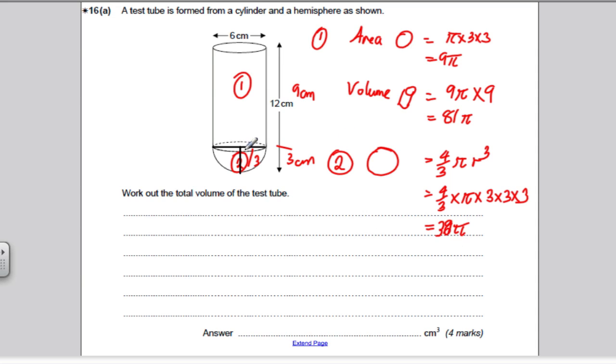But you want half of that because you only want half a sphere, so you would get 18 pi centimeters cubed for that.